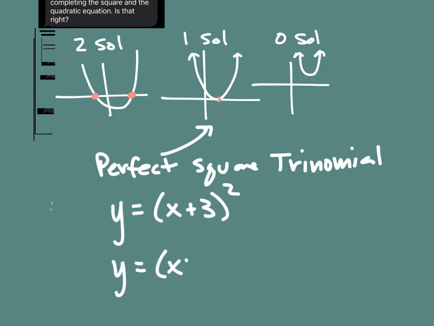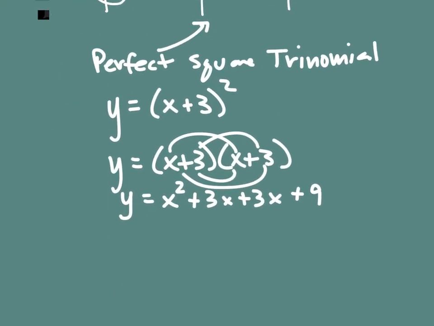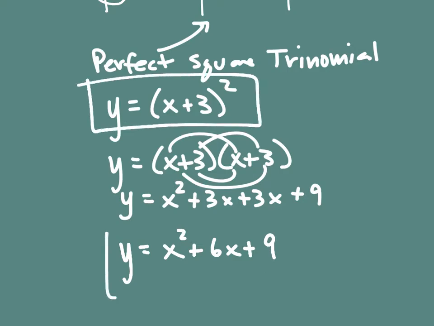This means I have x plus 3 times x plus 3. If I multiply this out, I'm going to get y equals x squared plus 3x plus 3x, and then plus 9. So from here, x squared plus 6x plus 9, these two things mean the same thing.